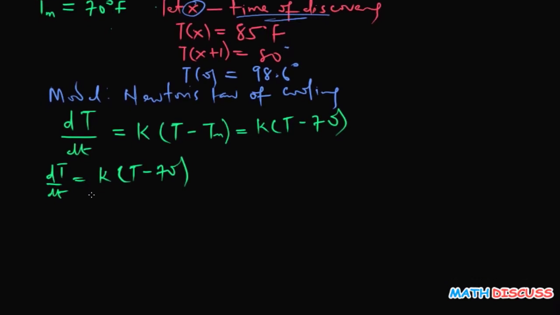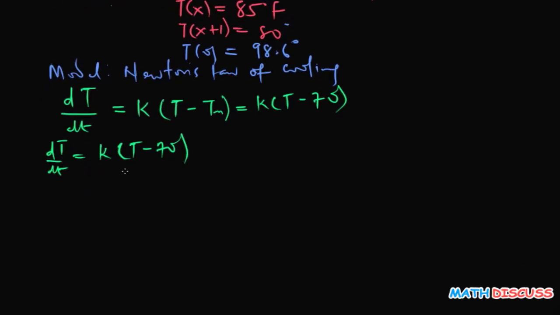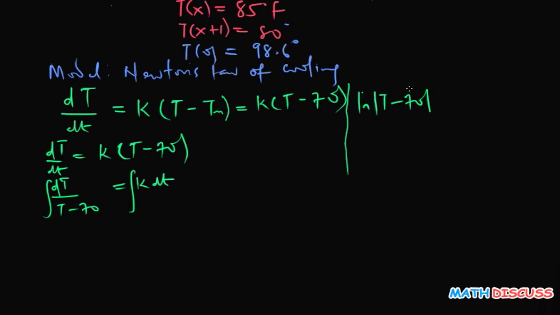So we have dT divided by (T minus 70) equals k dt, and then we integrate both sides. We have ln of (T minus 70) equals kt plus c.